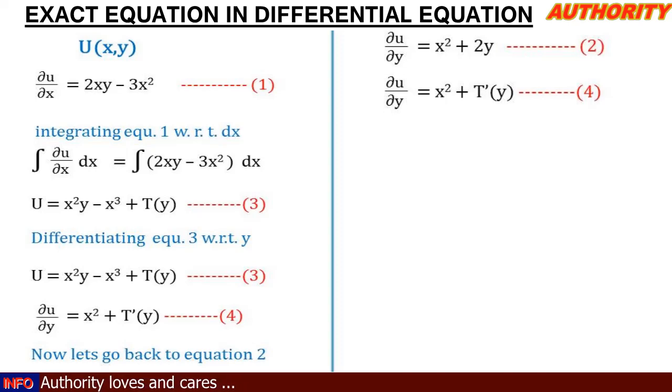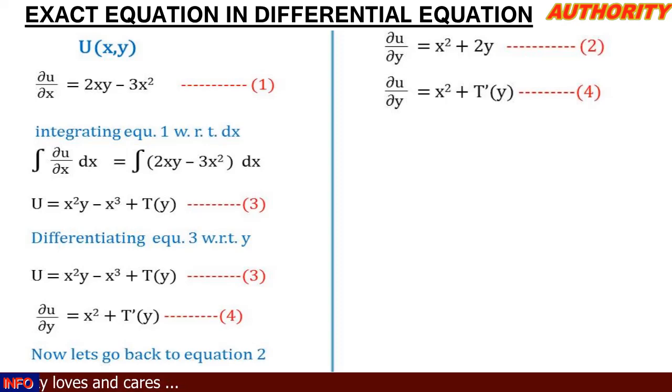Now, let's study these two equations very well. Equation 2 and equation 4. The partial derivative of u with respect to y is equal to x squared plus 2y, and the partial derivative of u with respect to y again is equal to x squared plus t prime of y.